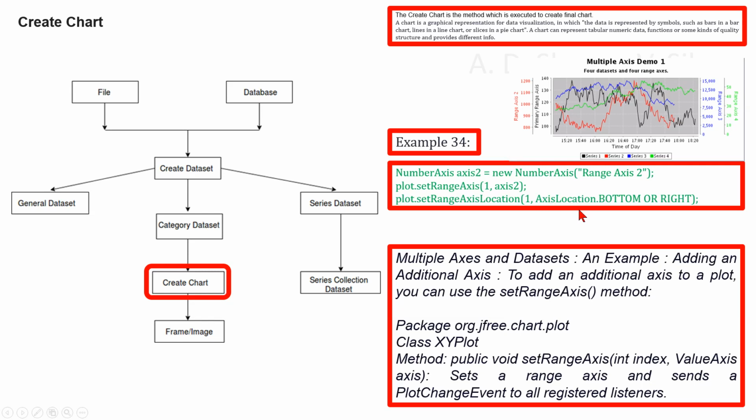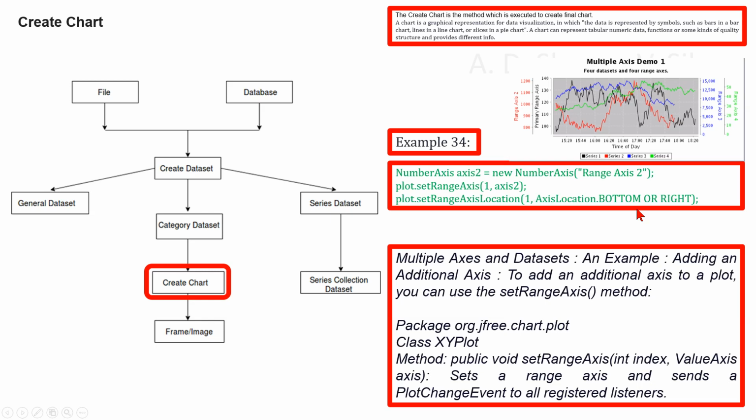For example, bottom or right, as is specified here, which means a range axis on the right if the plot has a vertical orientation, or the bottom if the plot has a horizontal orientation.